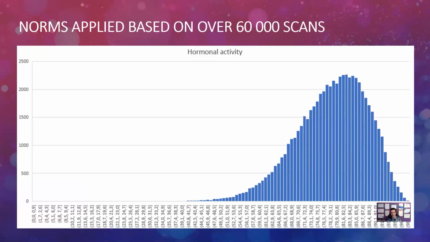Based on this analysis, we're able to see where the norm is for each sphere of life. In this case, you can see the distribution and how many scans, almost 2,200 people, are having values like the top one, between 81 and 82%.